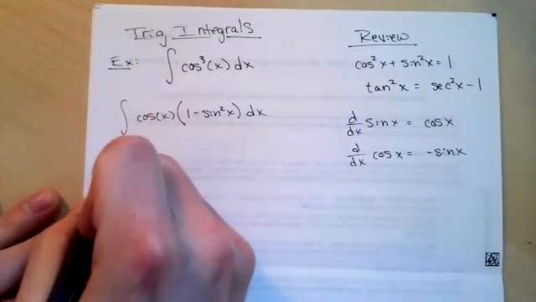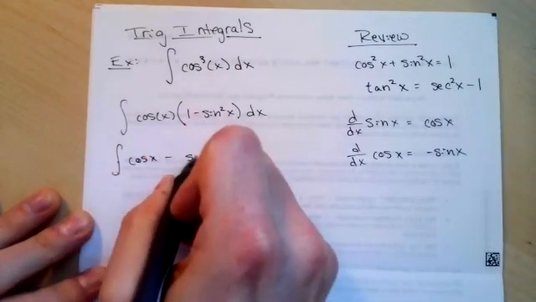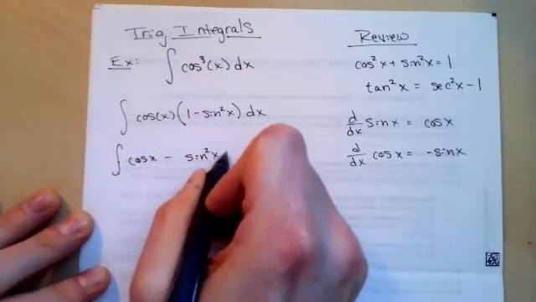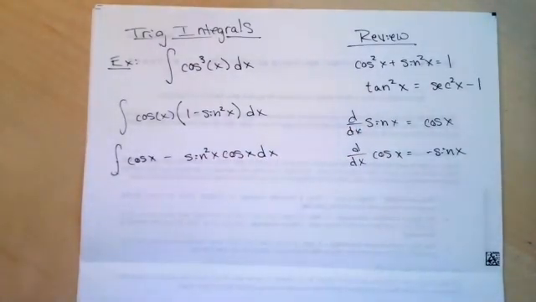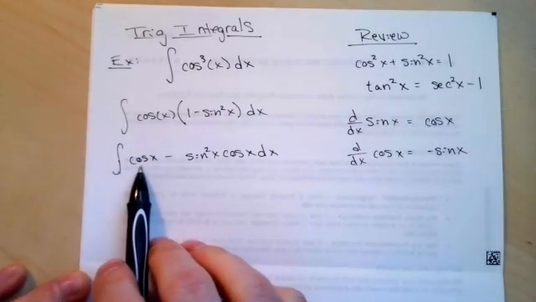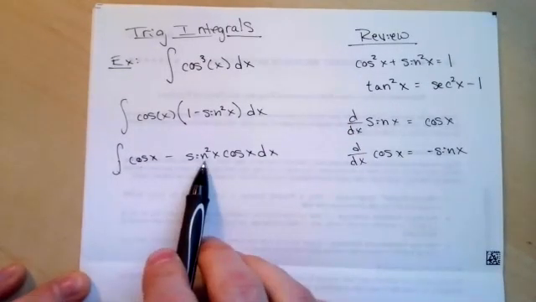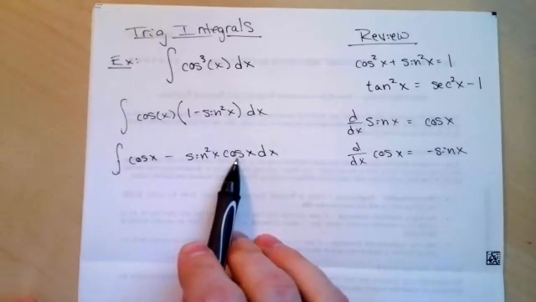How does that help us? Well, this term we can just integrate. We know how to integrate 1 power of cosine. And now our other term has 2 powers of sine and only 1 power of cosine.